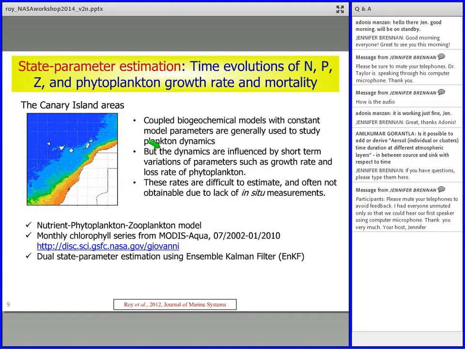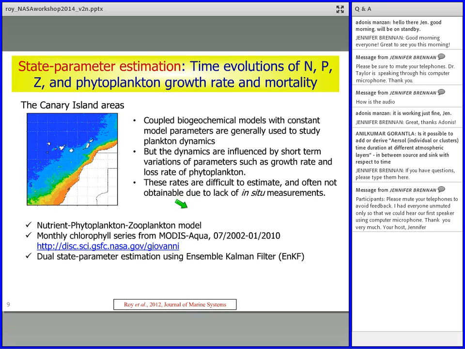However, we know that the dynamics of phytoplankton change in a short time period, and so do some of the important biological parameters. But these biological parameters, for example, the growth rate and mortality, are very difficult to estimate over time and are often not possible to estimate due to lack of in situ measurements. So we developed a methodology to estimate the time variation of these parameters.